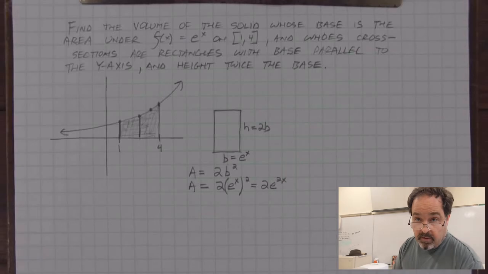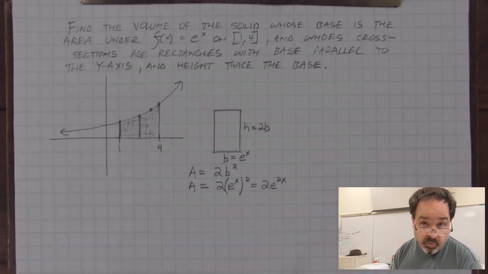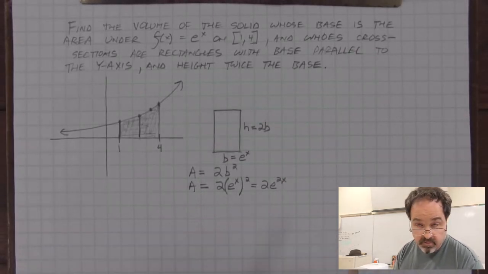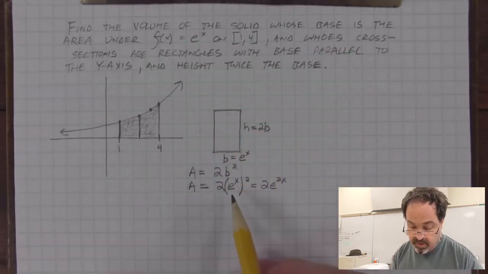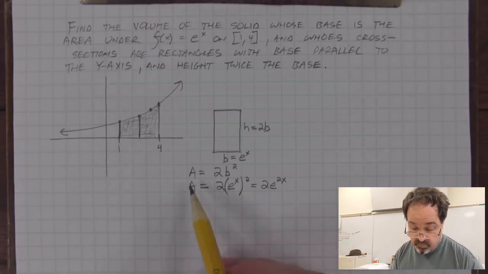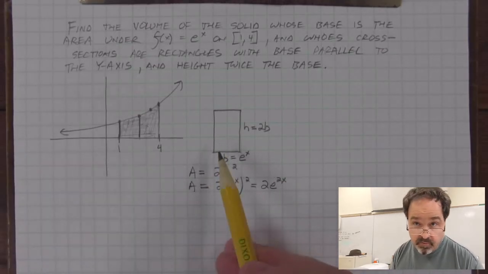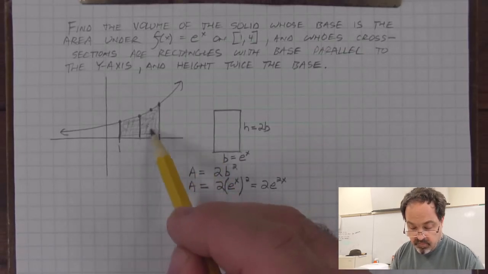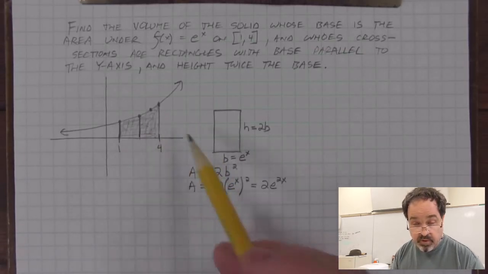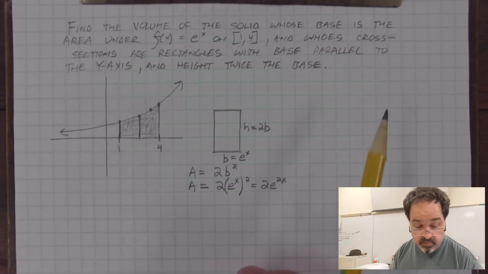Okay, maybe if we could visualize this solid in 3 dimensions on our paper, we might have more confidence that this geometry and this expression to add up rectangle areas is working for us. So to do that, I'm going to consider this shaded region as the base of a solid.